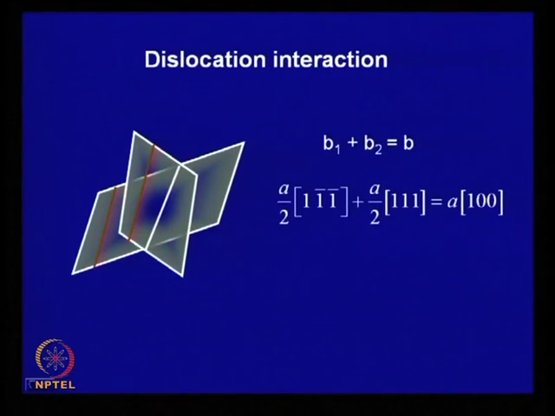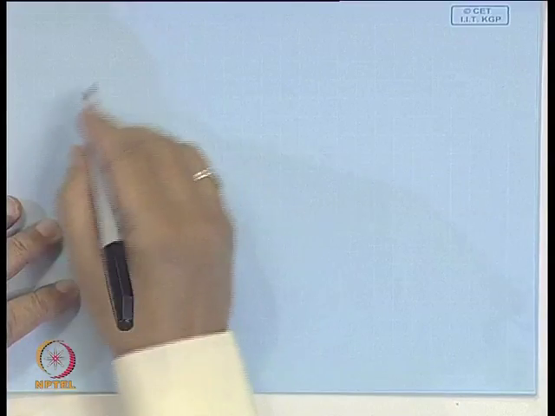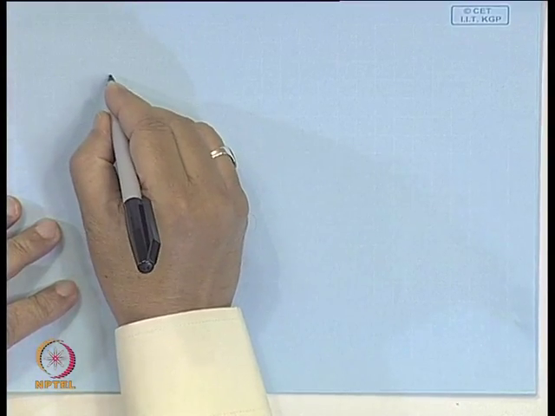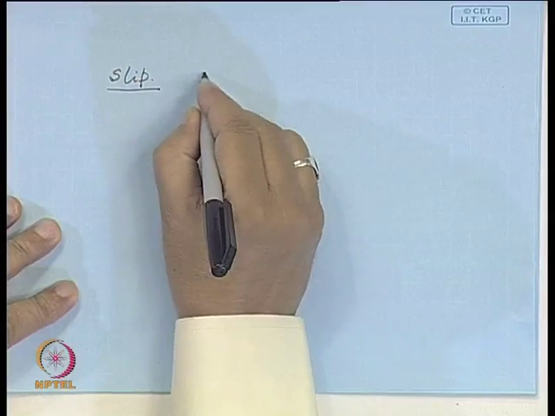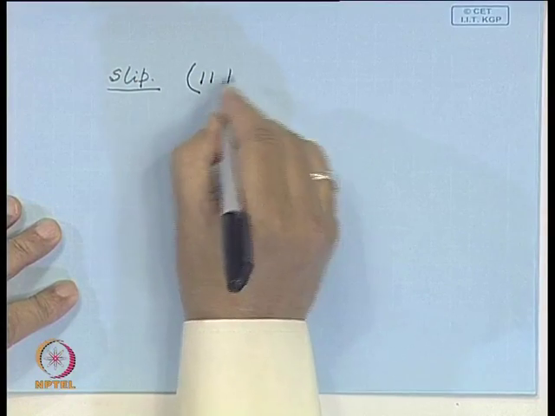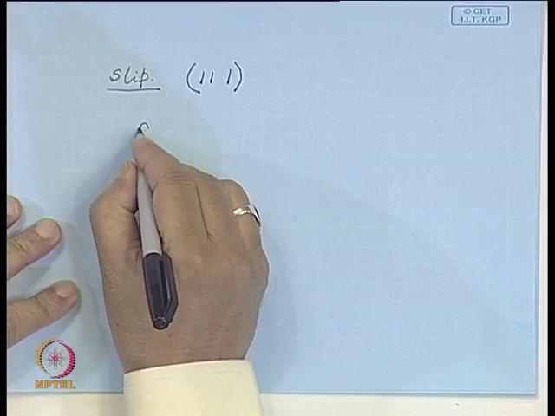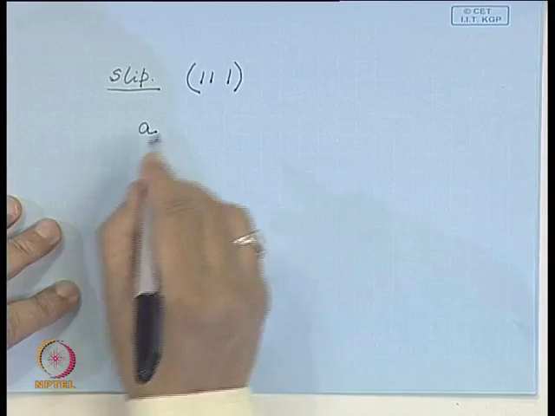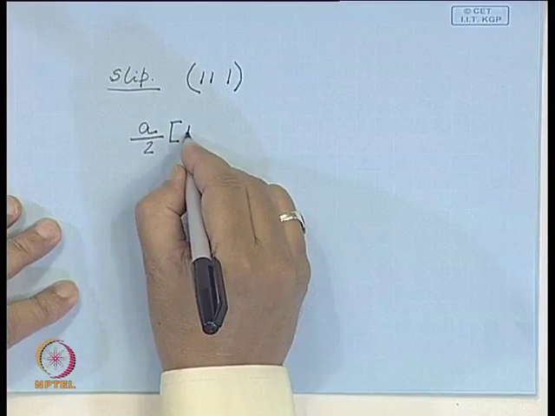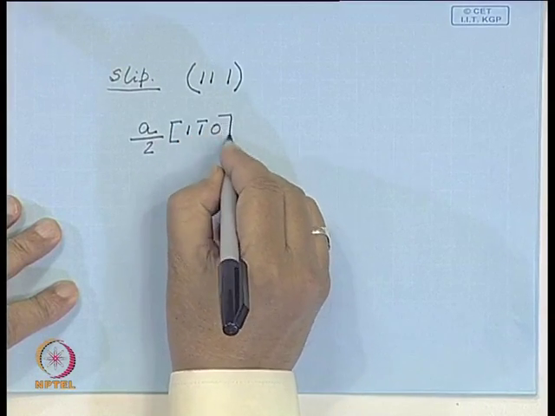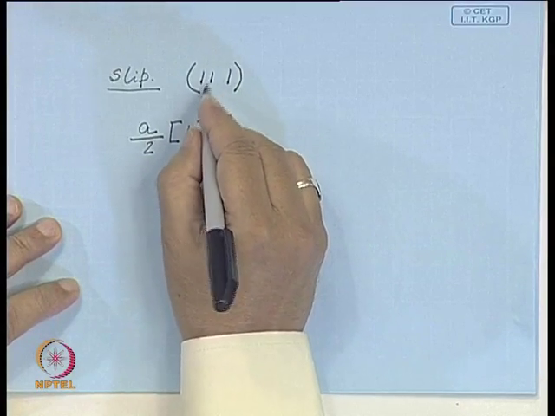Now, let us look at another case. Suppose we look at a face centered cubic structure, and look at the slip plane (1 1 1). Now, on this slip plane, let us say we have a mobile dislocation of type a/2 [1 1bar 0]. So, this definitely lies on this plane.